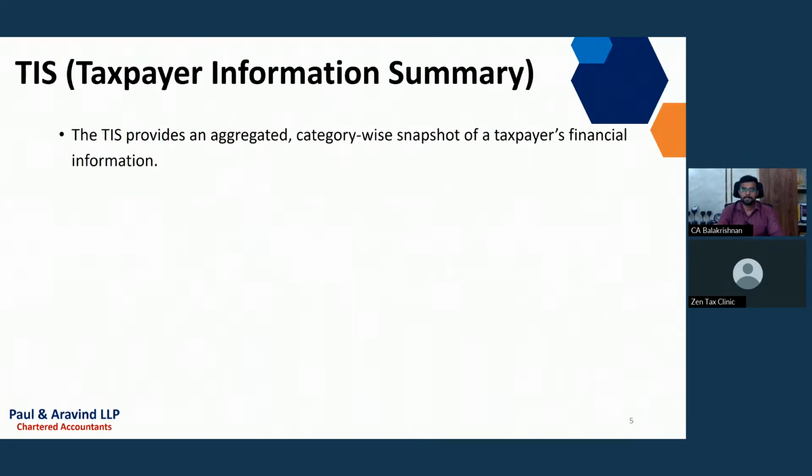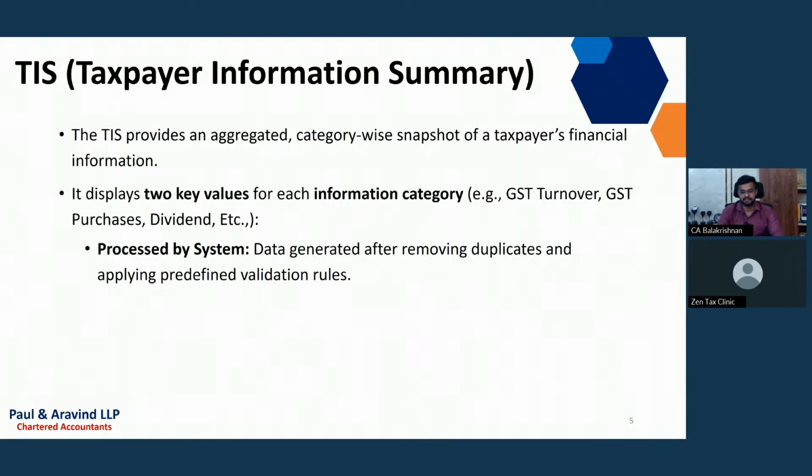And what is TIS? TIS is the Taxpayer Information Summary. This TIS provides an aggregated category-wise snapshot of the taxpayer's financial records. That is nothing but the AIS category-wise summary given separately. It displays two key values for each information category, say for example turnover or GST purchases, dividend income, or cash deposits and cash withdrawals.